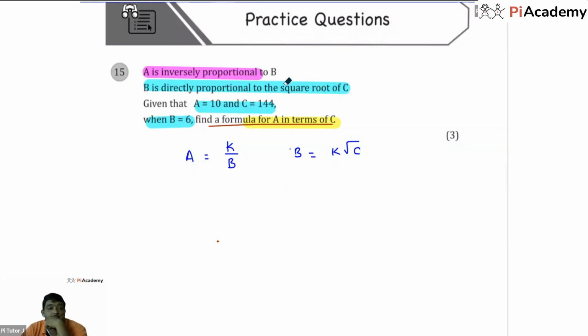A is inversely proportional to B, so A is equal to K over B. And B is directly proportional to the square root of C, so B is equal to K root C. Now, given that A is equal to 10 and C is equal to 144, when B is 6. So can you check that? Guys, anyone?